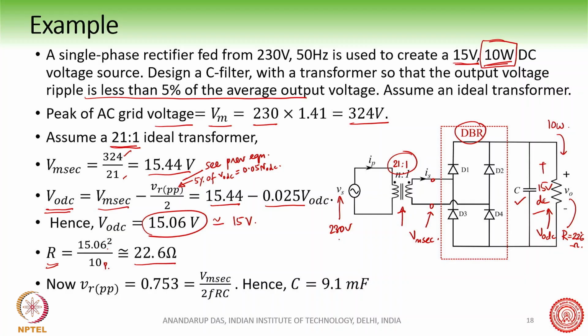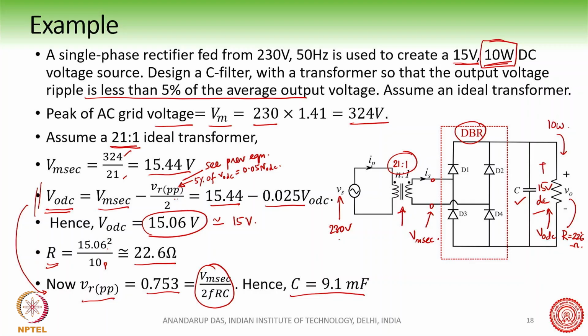So Vr peak to peak will be equal to 0.753, which you can find from this equation. You can recall that Vr peak to peak is Vm secondary divided by 2 FRC. From this equation we can see the value of C: 9.1 millifarad. That much C we have to use.